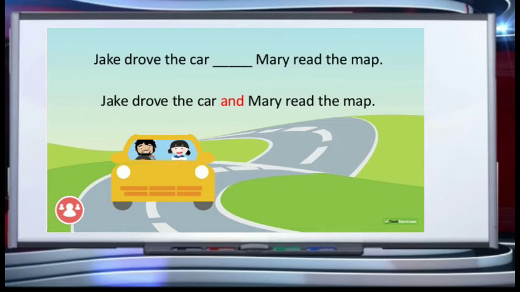Now let's have a look at this example. Jake drove the car, dash, Mary read the map. So the coordinating conjunction and is added and the sentence becomes: Jake drove the car and Mary read the map. So two independent clauses, when they are joined with a coordinating conjunction, a compound sentence is formed.